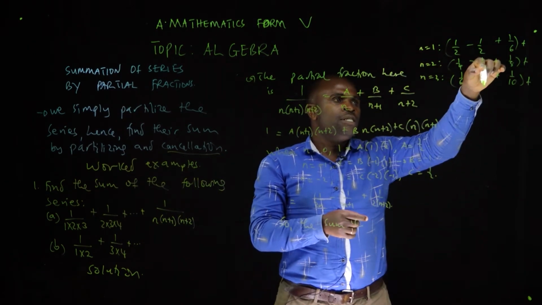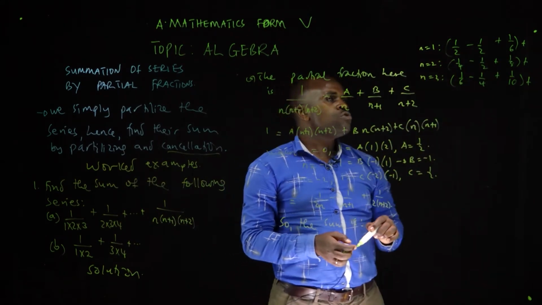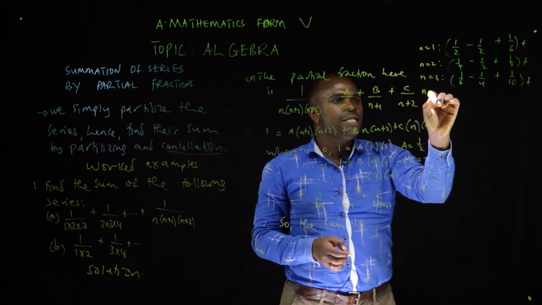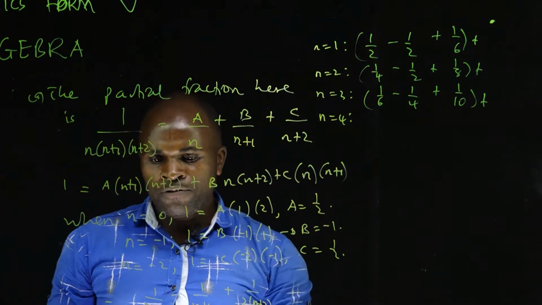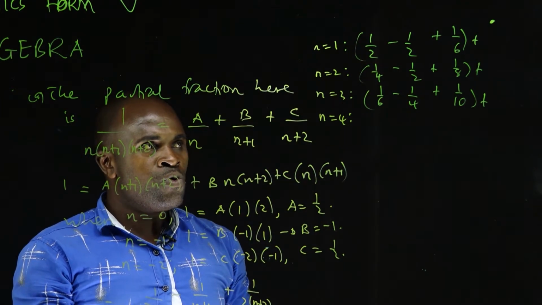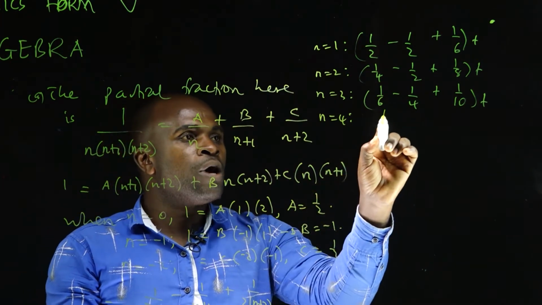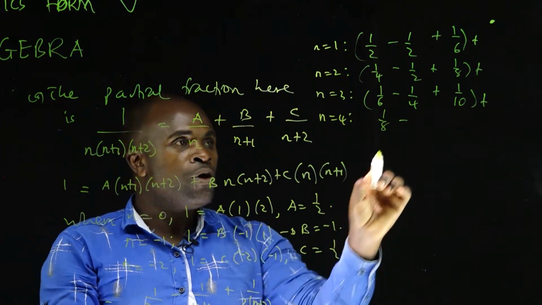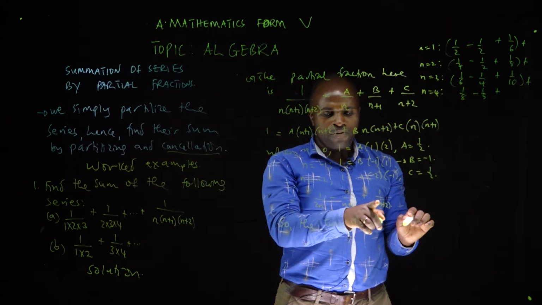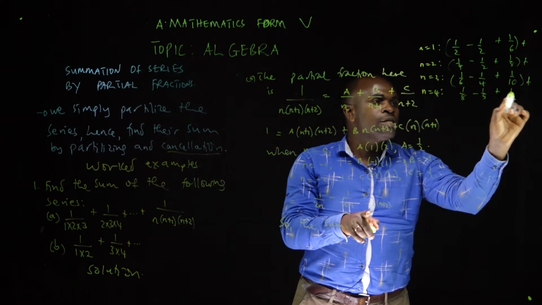Simplification of this gives us 1 over 3. So we continue again. When n is 4, this is going to give us 1 over 8. When n is 4, 1 over 8 minus 1 over 5 plus, when n is 4, that is 6, 12, 1 over 12.